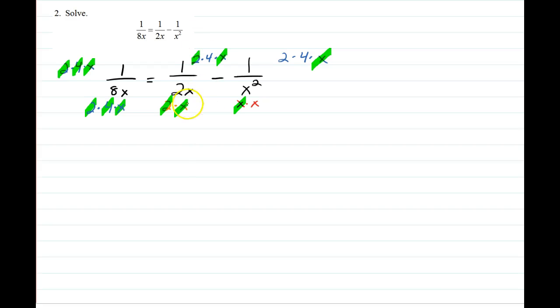So since I got rid of the left fraction, and since I got rid of the middle fraction, the only one I have to worry about is this one. And so that means I need to multiply everything by another x.